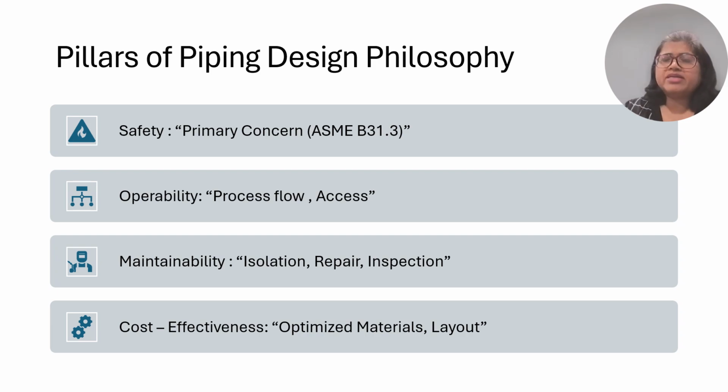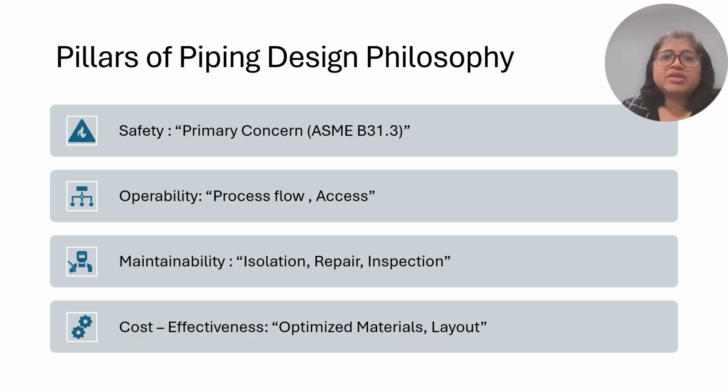Secondly, operability. Can the plant run efficiently with this piping layout? It should be the question. Does it allow for smooth process flow? Are critical valves and instruments accessible to operators?